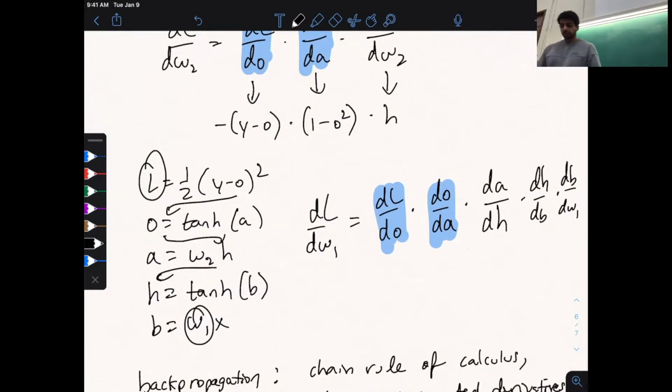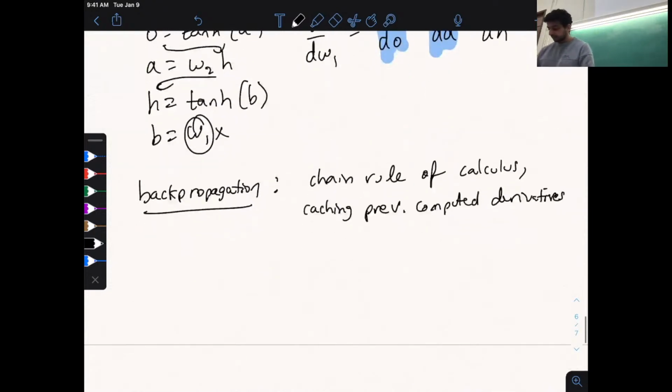Okay, so then the final step, now that we've computed these partial derivatives: Step 3, update the parameters. In this example, we only have 2 parameters, so we have 2 equations.